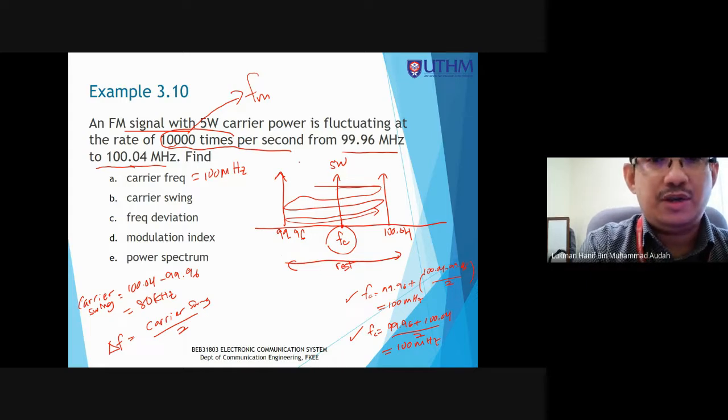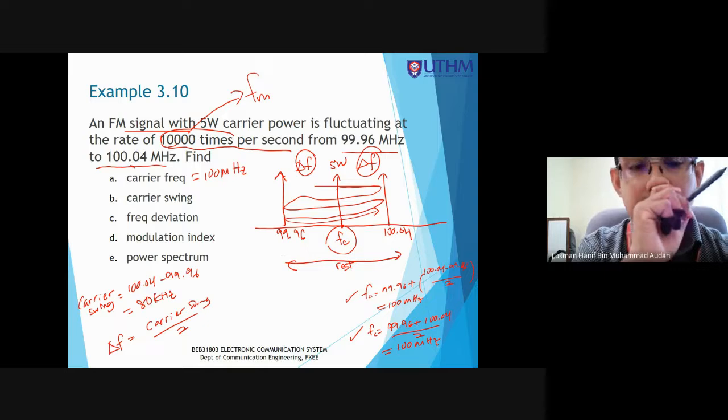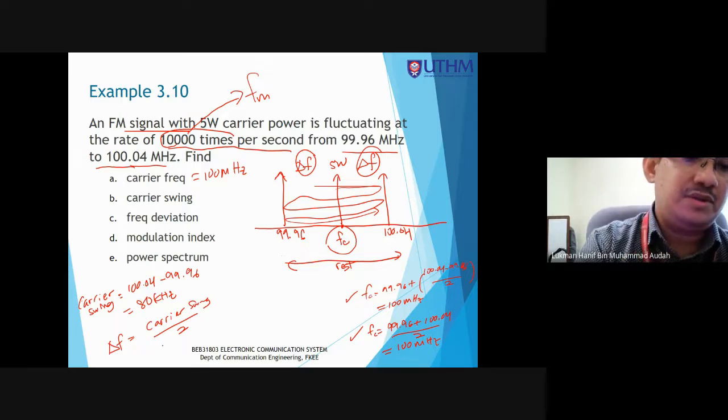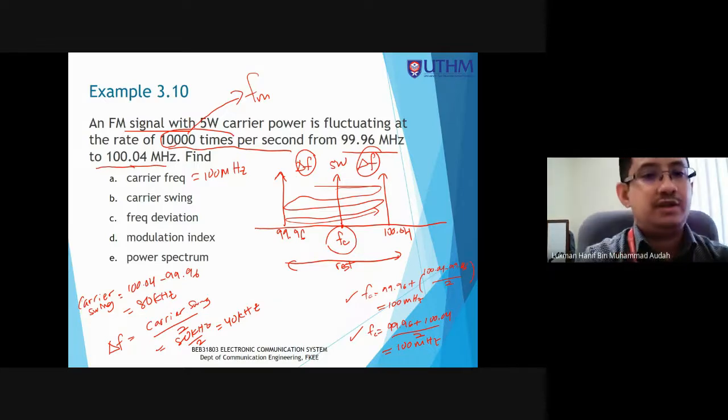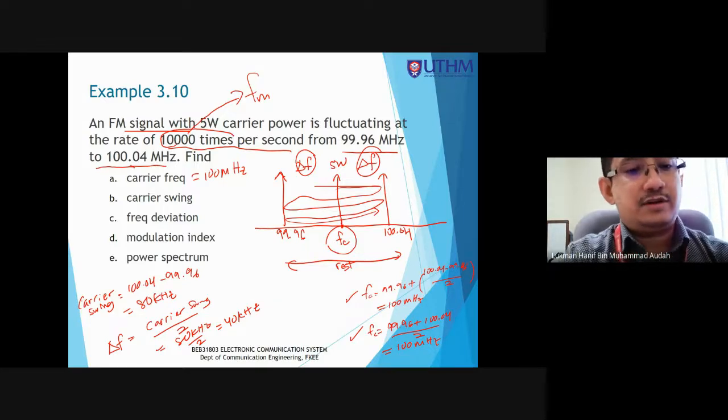So carrier swing bagi 2, you akan dapat delta F. Sebab sini delta F dengan delta F di sini, you akan dapat carrier swing. So that means 80K divide with 2, so you get 40 kilohertz. Okay, 40 kilohertz.